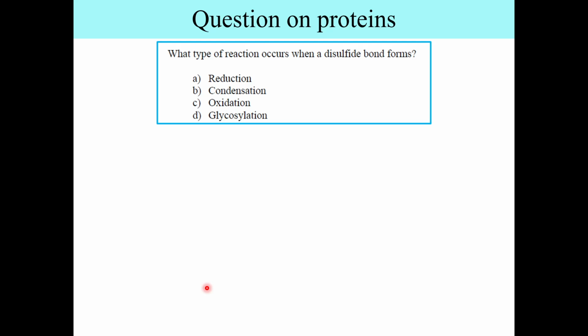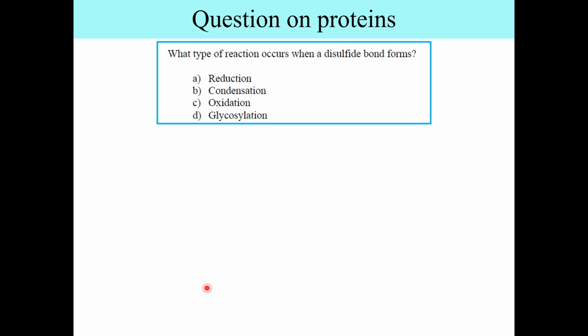So this is a question on proteins. What type of interactions happen when a disulfide bond gets formed? Okay, so a disulfide bond is a covalent bond that gets formed between the two SH groups of different cysteine residues. Okay, so how do you think this bond gets formed?